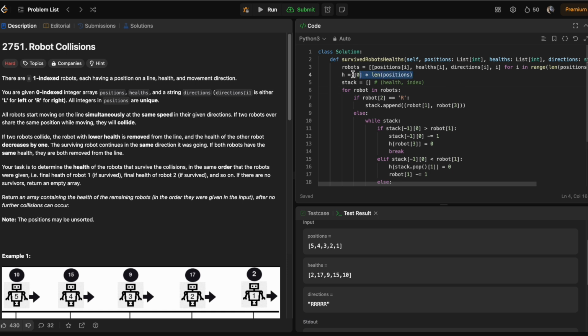Okay, maybe it's easiest to set H equal to healths in the beginning. Okay, maybe we don't even need an H. We just use healths.